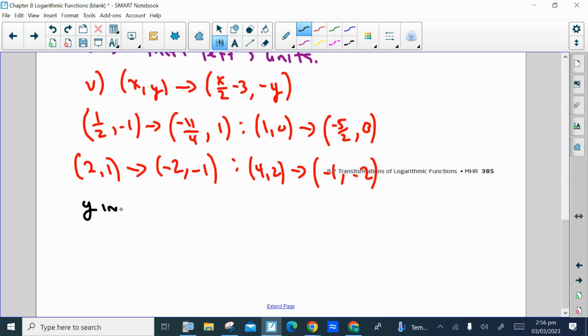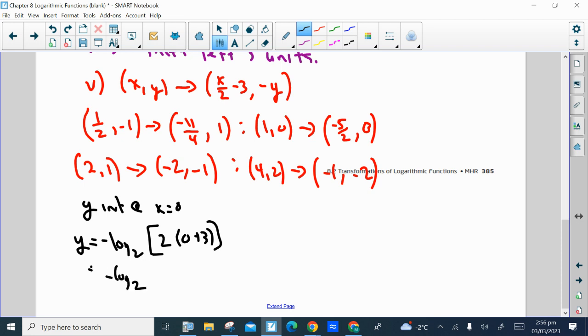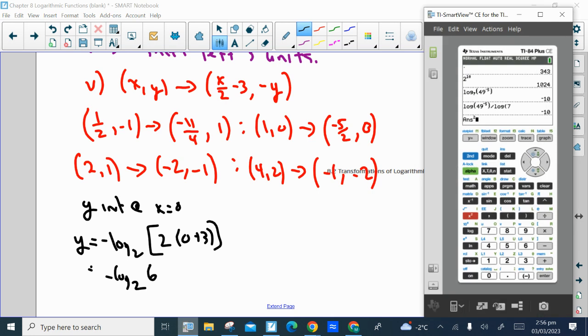Our y-intercept, remember, is always where x equals 0. So if we take the equation and let x equal 0, it'll look like that. So it's negative log base 2 of 6. Inside the brackets, you have a 0 plus 3. That's then multiplied by 2. And we can use our calculator to get that.